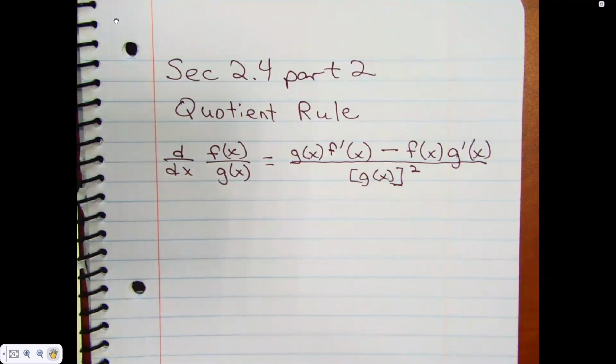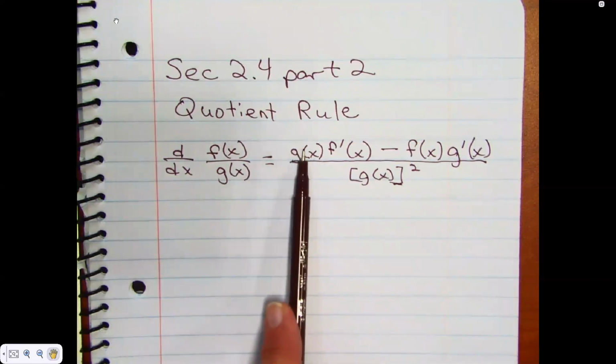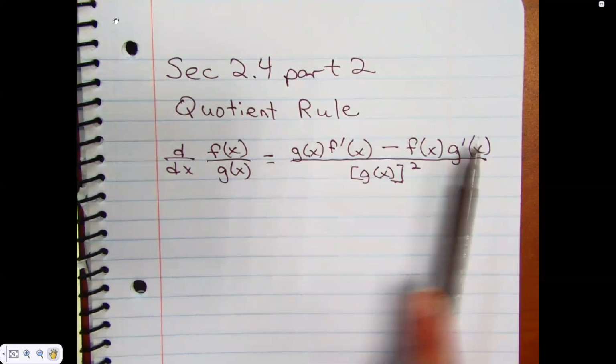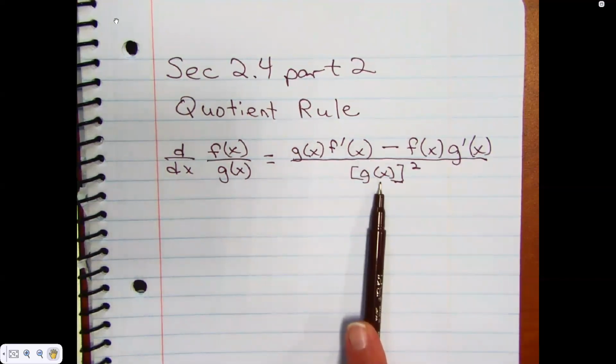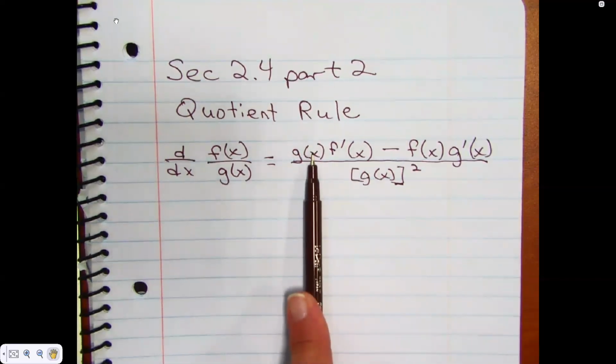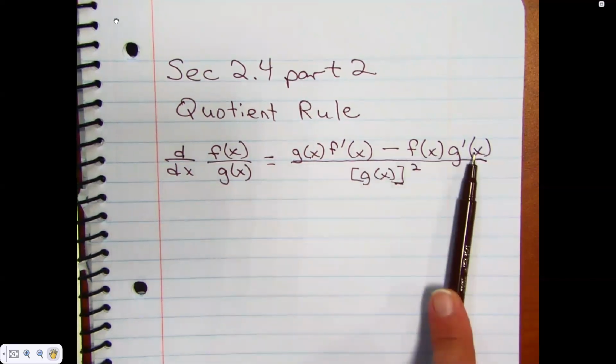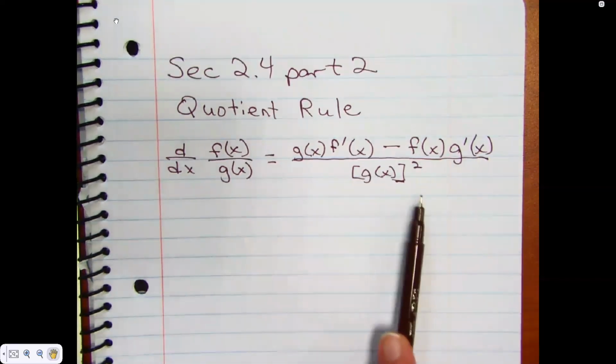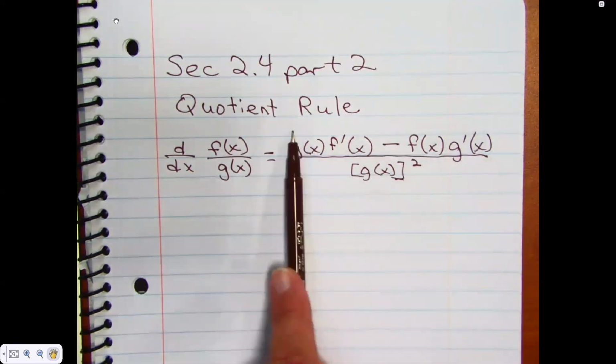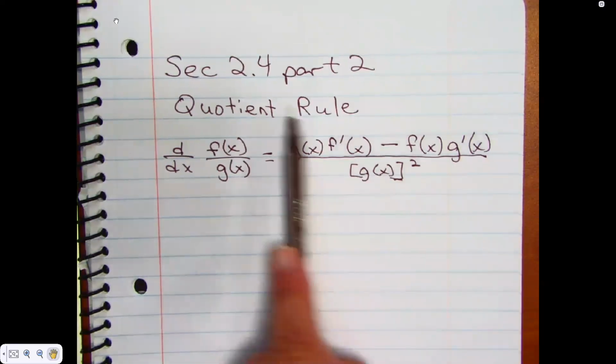Anything else? Oh, so when I remember this, I remember there's a G at the beginning, there's a G at the end, there's a G at the bottom, and each one is different, right? So the first one is regular G, the one at the end is the derivative of G, and the bottom one is G again, but this time you have to square it. So if I say something about a triangle, that's how I remember it.